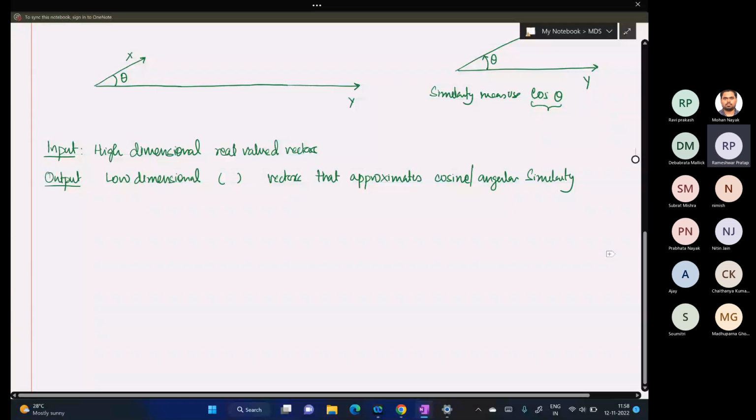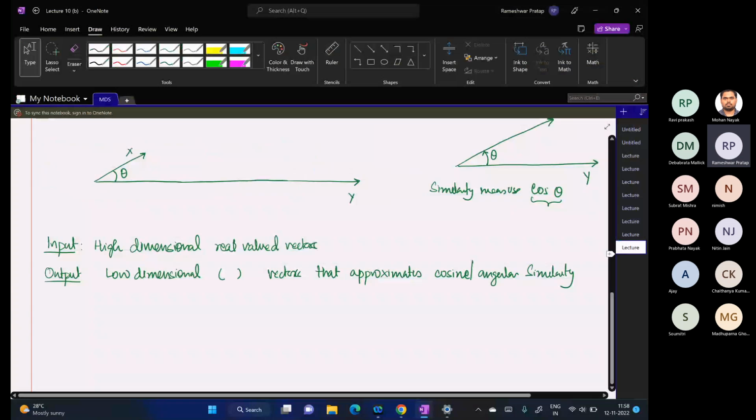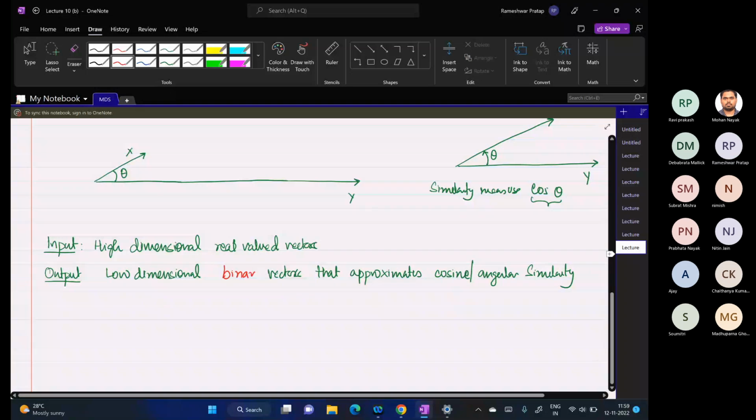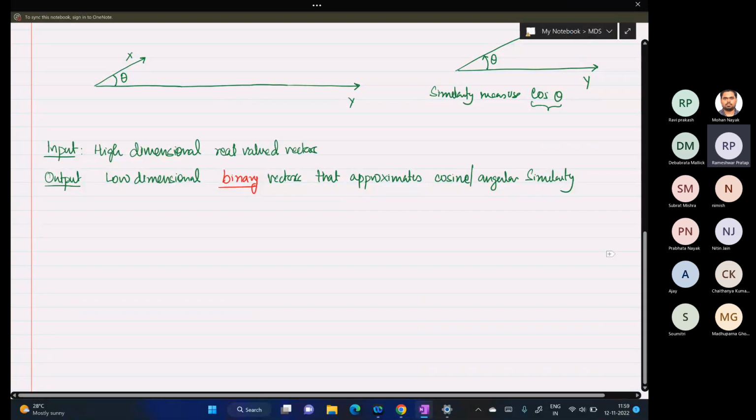And we'll see that the compressed vectors are binary vectors. And using those binary vectors, we can estimate the cosine or angular similarity of the original vectors.